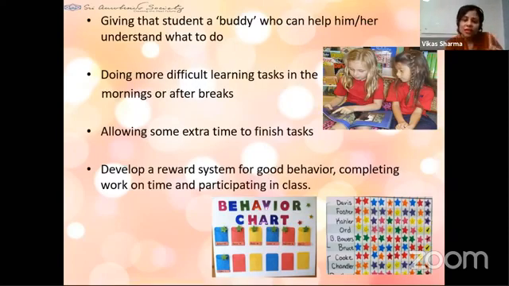So if he starts behaving well on only these two aspects, then you can go ahead and give a smiley or a star in front of his name, which will be very colorful, and the child may also assist you in giving the same on his particular chart. So why do we do this, teachers?